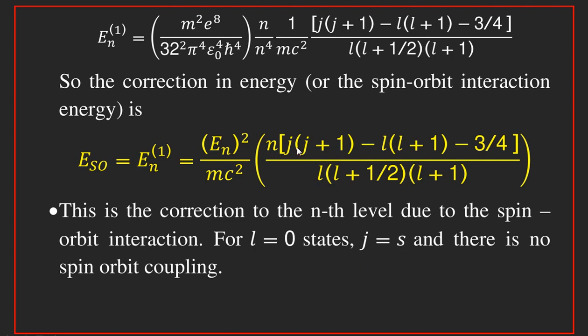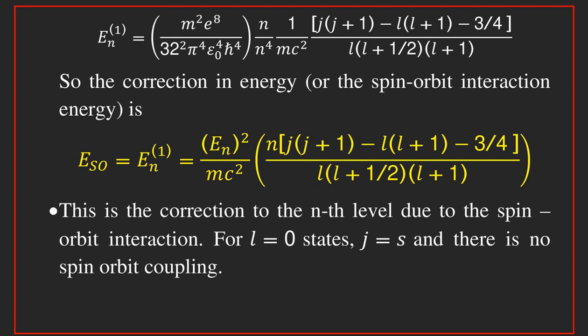In that case, both the numerator and denominator become equal to 0. It means that there is no spin orbit coupling in the L equal to 0 state. L equal to 0 means for S orbitals there will be no spin orbit interaction.